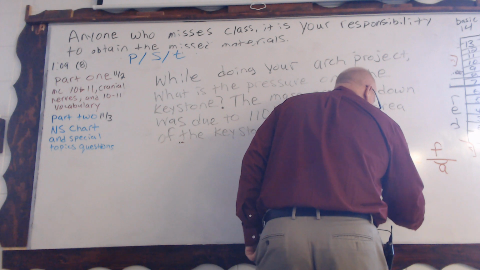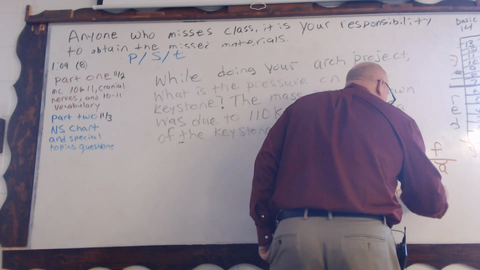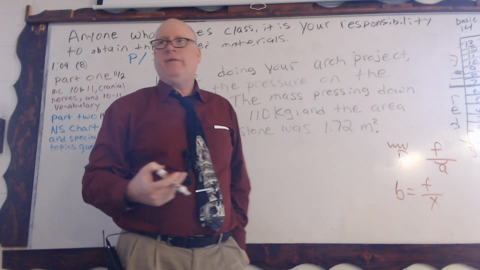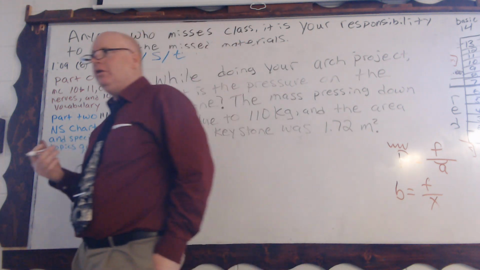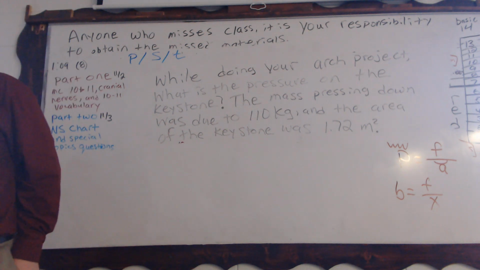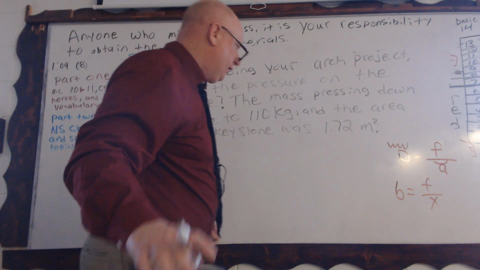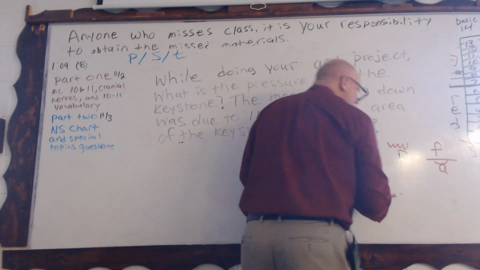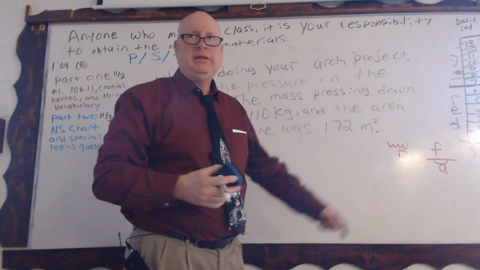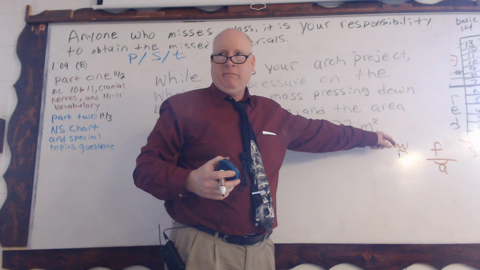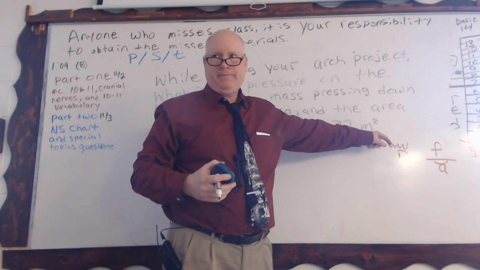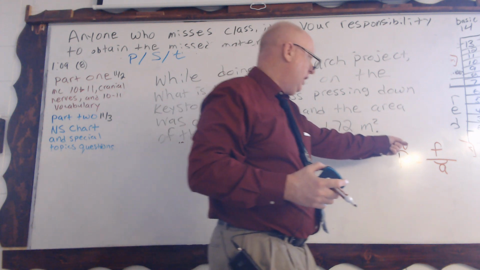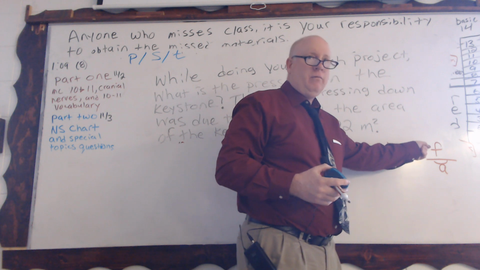You could say B equals force over X if you wanted to. Any variable just stands in for a number. You can use any letter that you want. We just choose to do the first one, so it just makes it easier to see and differentiate. Because that means pressure. Okay, so if we're talking about pressure, what do you suppose F is?